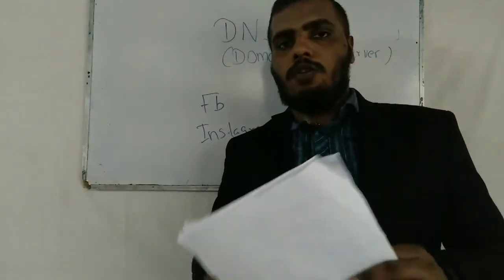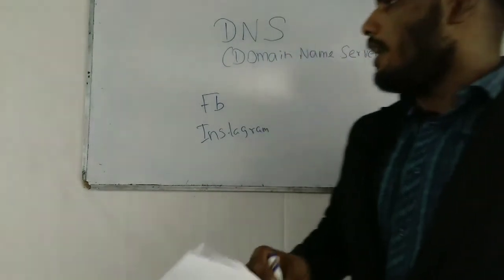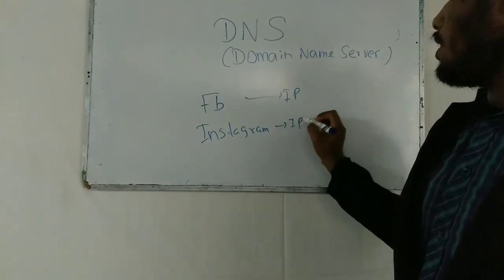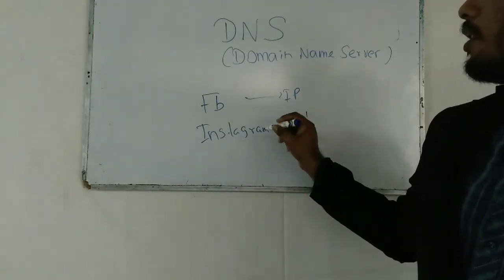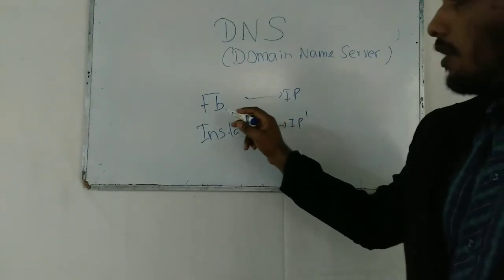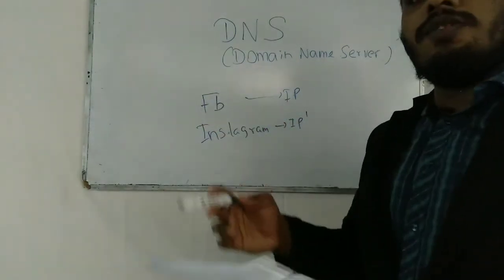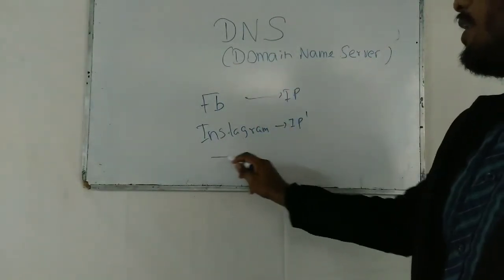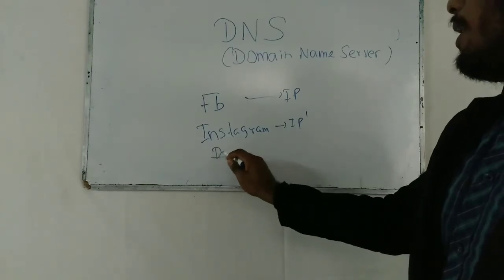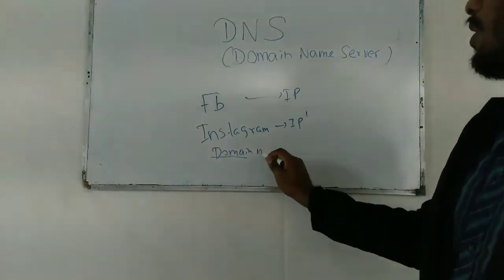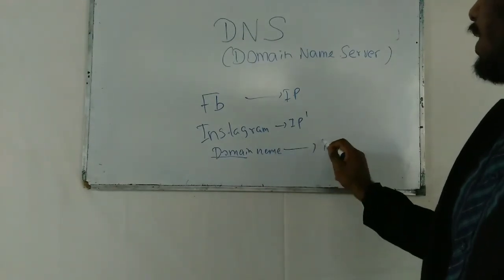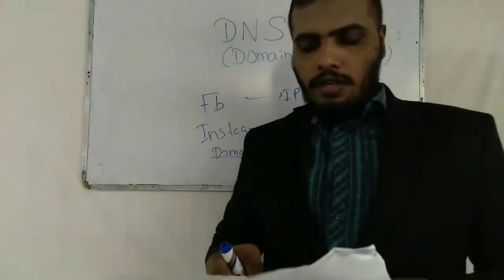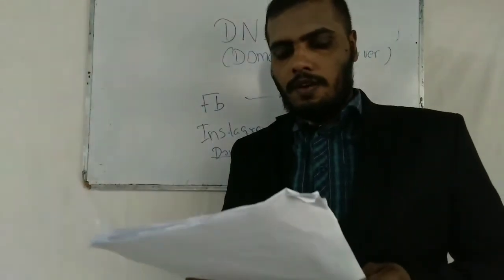So you haven't done that, but it is related to an IP address. So there is a process that should relate these two parties. That is the domain name server. It translates a domain name to an IP address. So the answer is translate domain names to IP addresses. So the answer is 2.